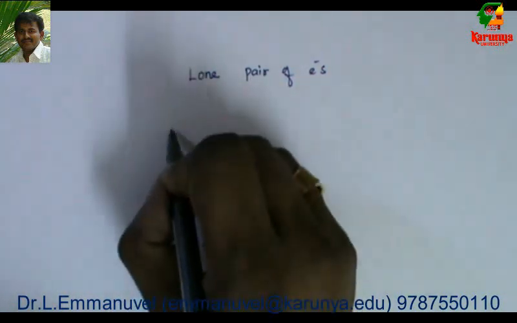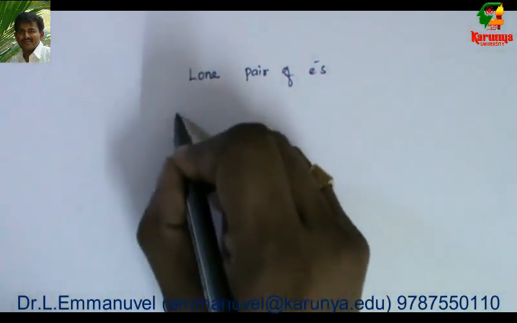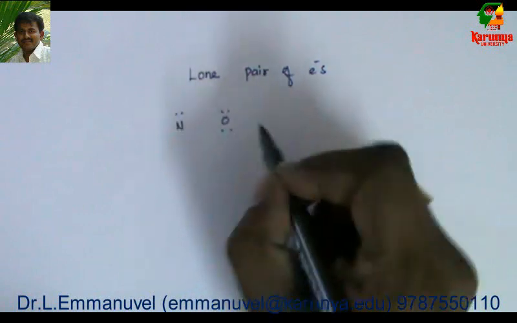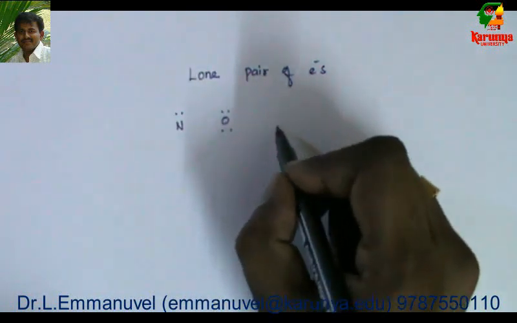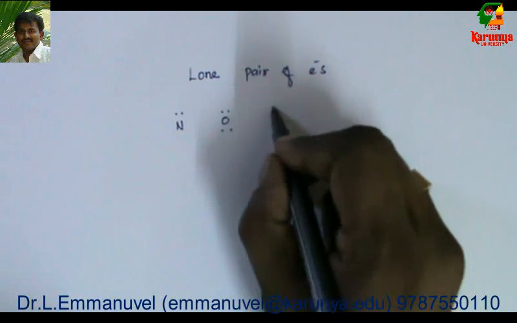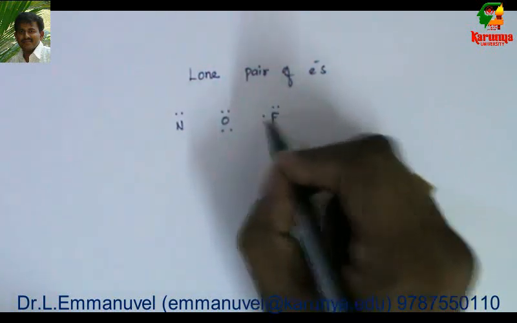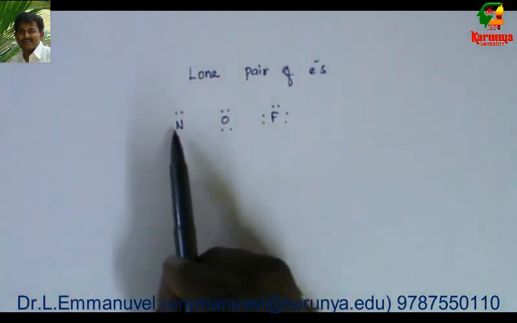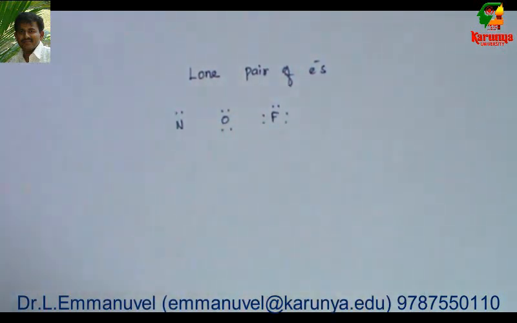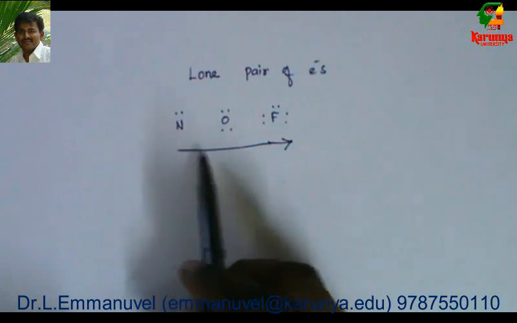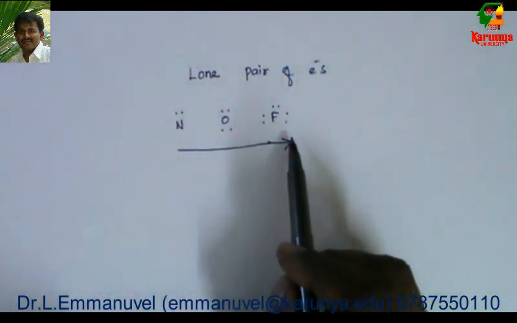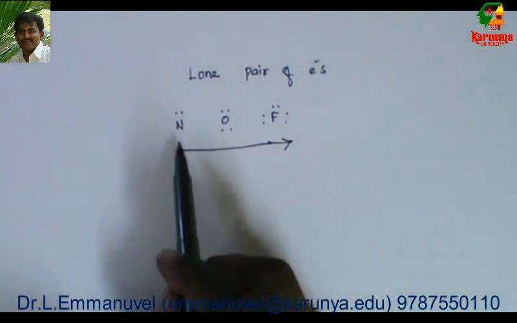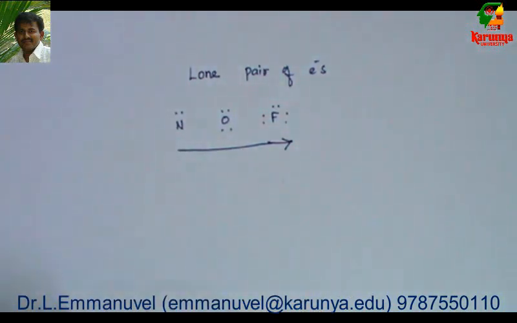How does it affect? First, let us consider lone pair on nitrogen, oxygen and fluorine. Nitrogen has one lone pair of electrons, oxygen has 2, fluorine has 3 lone pairs of electrons. Which one is more nucleophilic? The electronegativity is high for halogens and low for nitrogen.